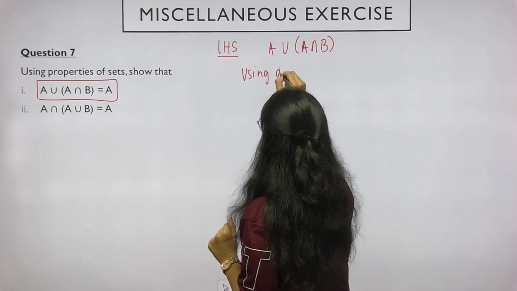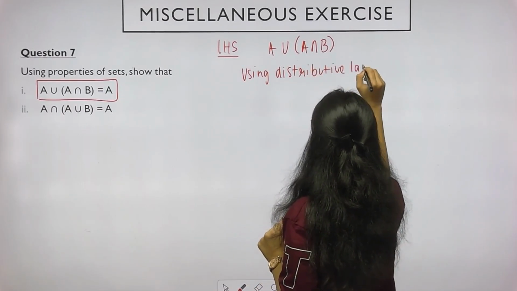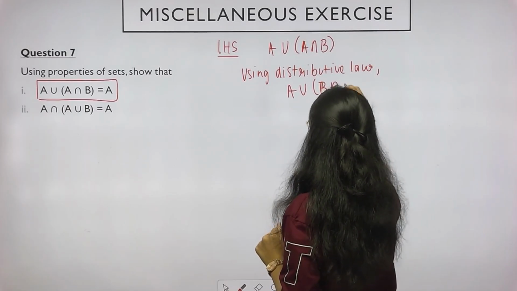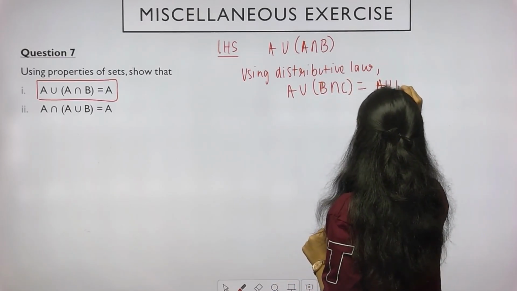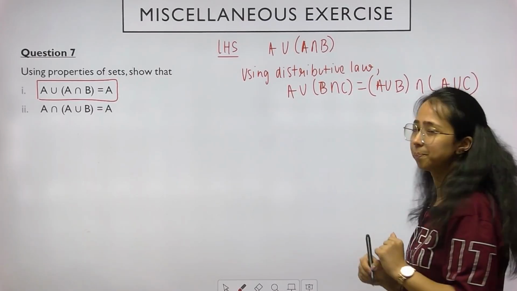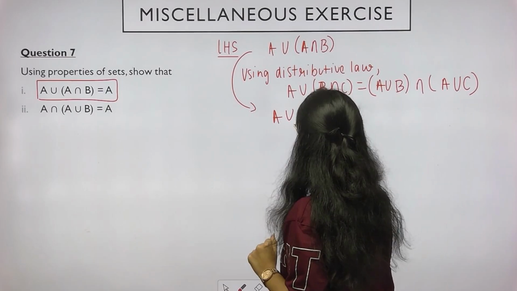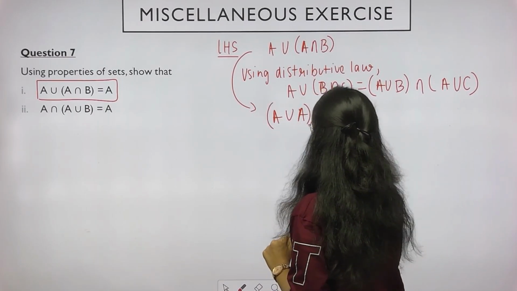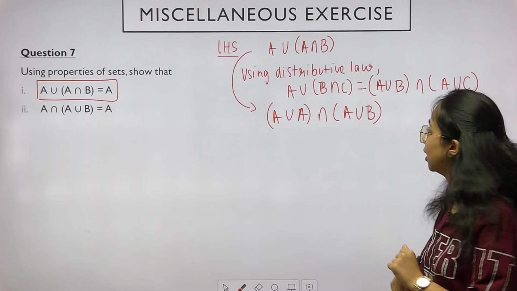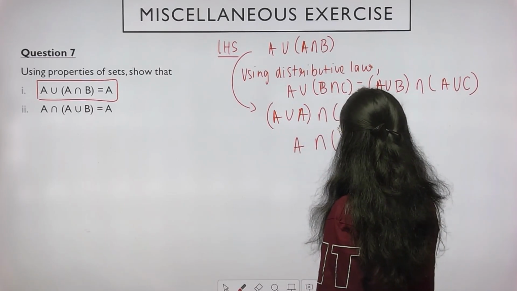Using the distributive law, A union B intersection C becomes A union B intersection A union C. Now this becomes A union A intersection A union B. Now A union A becomes A. Now A intersection A union B.